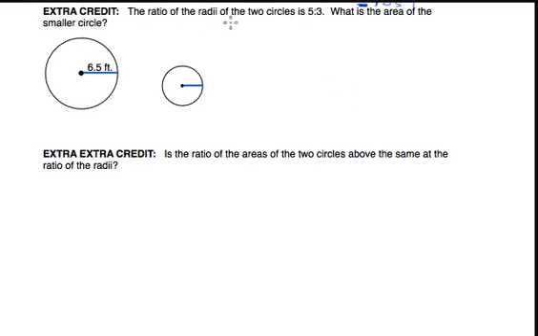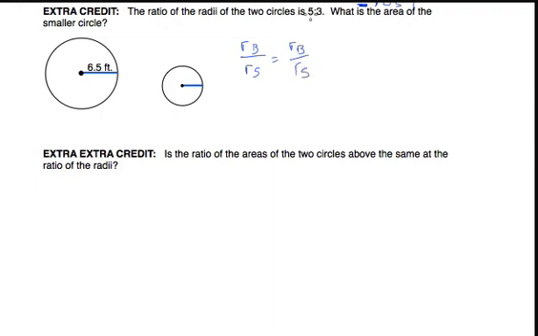The ratio of the radii of the 2 circles is 5:3. What is the area of the smaller circle? Ooh, so you have to find the radius of this smaller circle in order to find its area. Well, what are we comparing here? The radius of the big circle to the radius of the small circle.